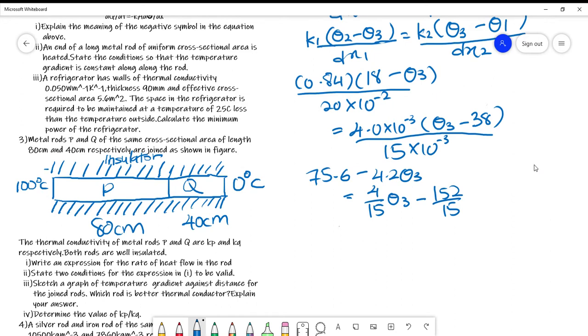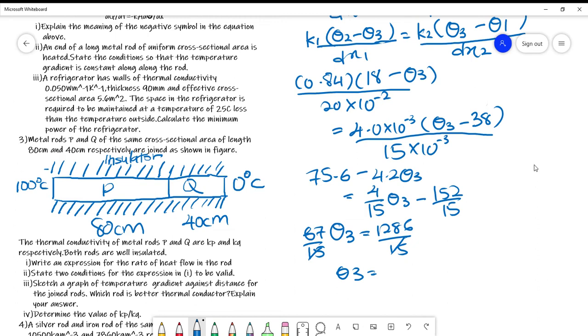What I get for theta 3 basically is 4 over 15 plus 4.2, which is 67 over 15. Then 75.6 plus 152 over 15 is 1286 over 15. So this can be cancelled, and theta 3 finally is 1286 over 67.